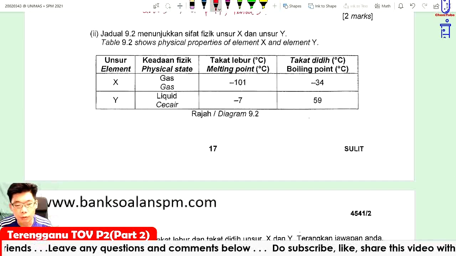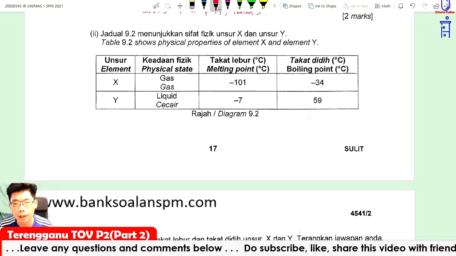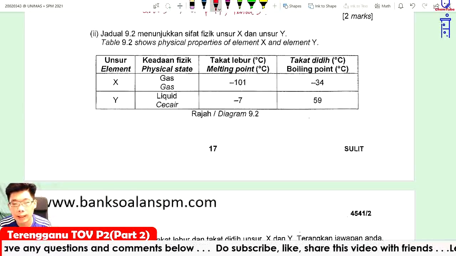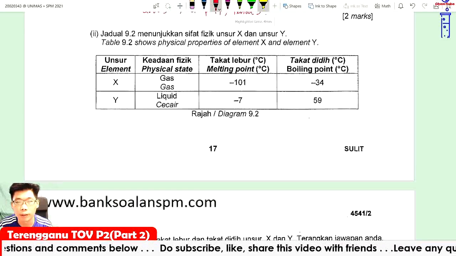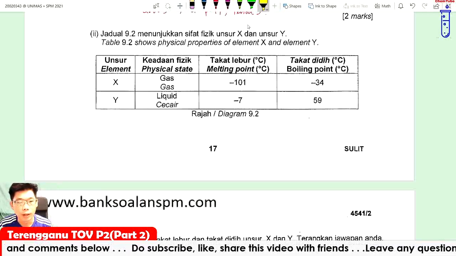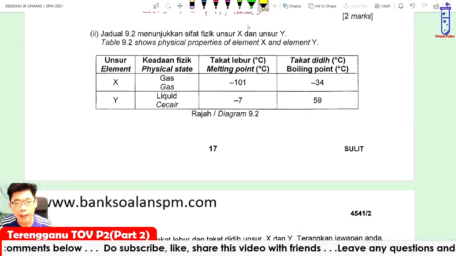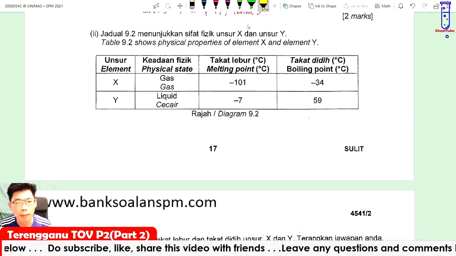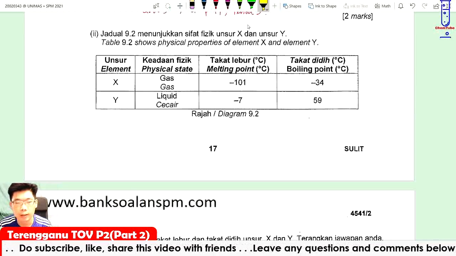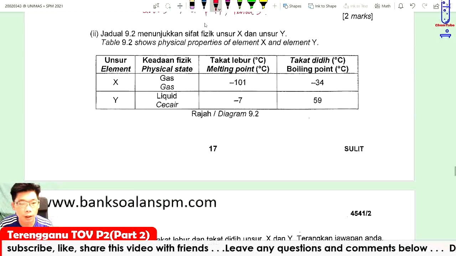First we look at the melting and boiling point. Which one has a higher melting and boiling point? I think you should be able to see it, right? Element Y has a higher melting and boiling point compared to element X. So this becomes your first point.